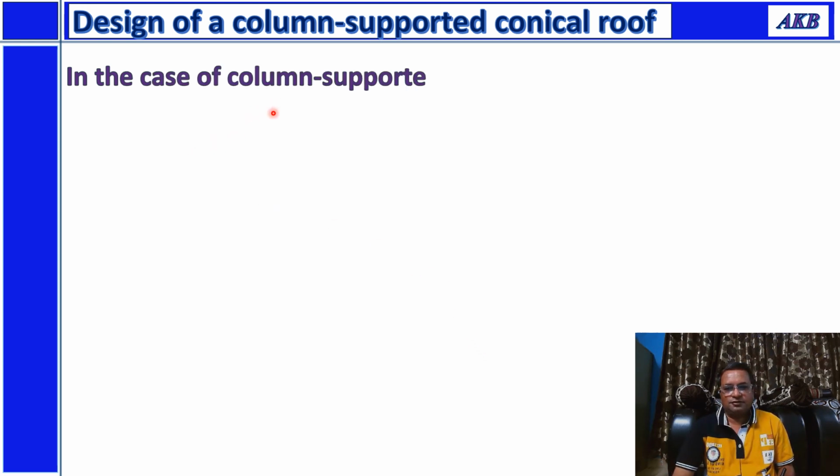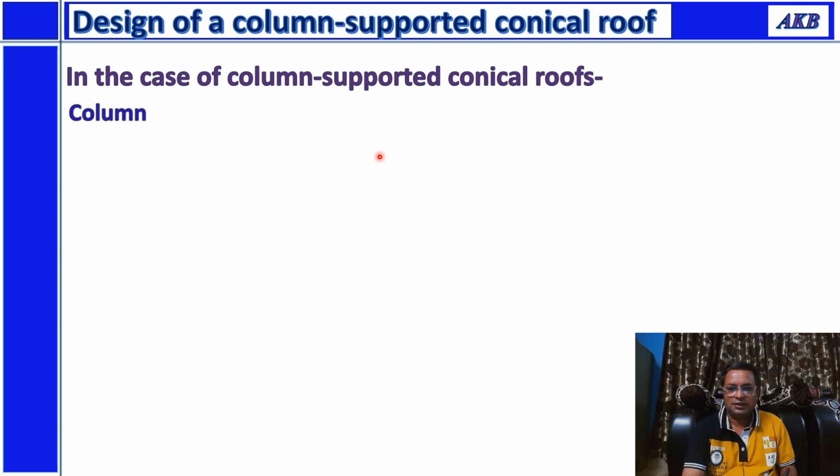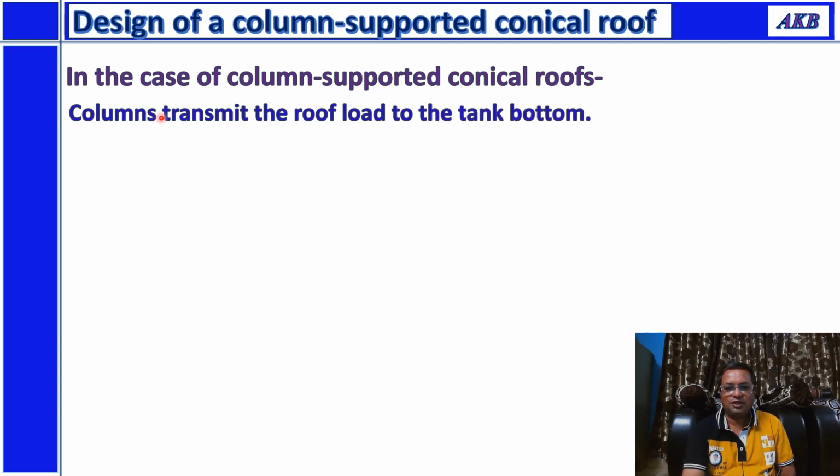Now in the case of column supported conical roofs, what is the case? Columns are used. Columns are the elements that transmit the roof load to the tank bottom. The roof may be subjected to various loads like superimposed loads, dead loads.